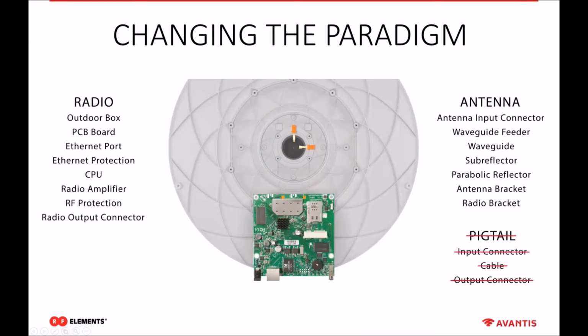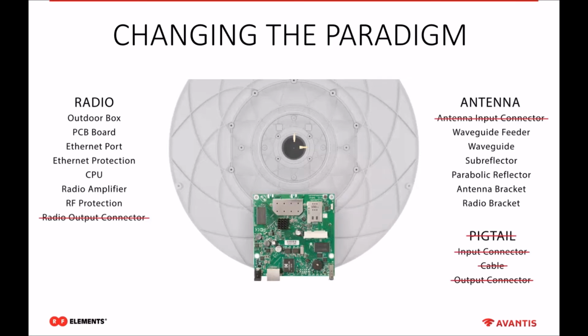We removed the pigtails as the first step because we don't like cables, and also pigtails are a source of loss. Since we removed the pigtails and all the connectors on the antenna side and the radio side, we were trying to find a way to connect the antenna with the radio.